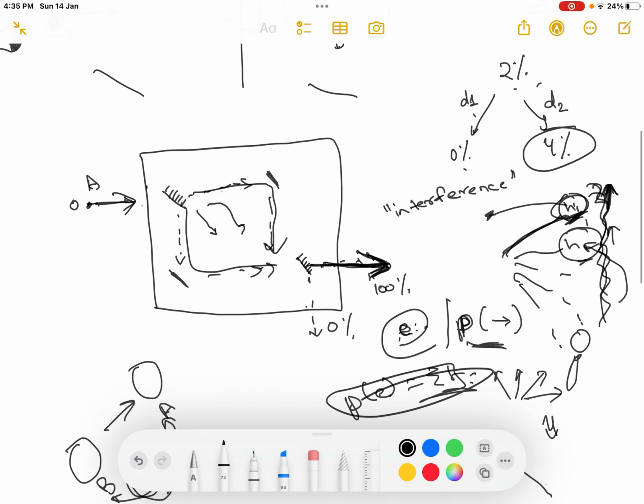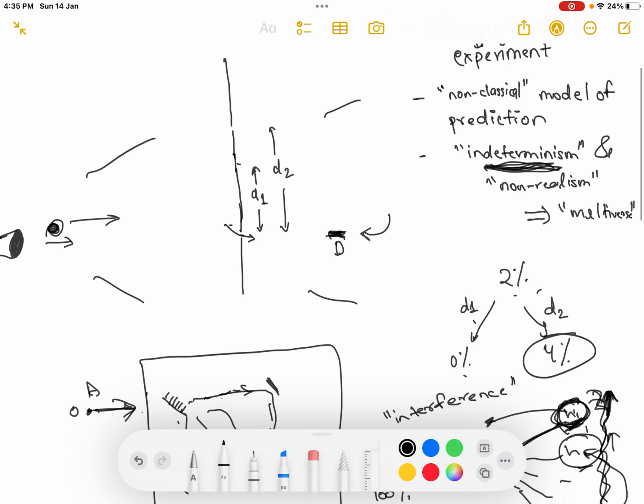And of course, by considering each history as a separate entity, a universe in itself, we have given a real meaning to it, and there is no more non-realism that we have to accept about reality.